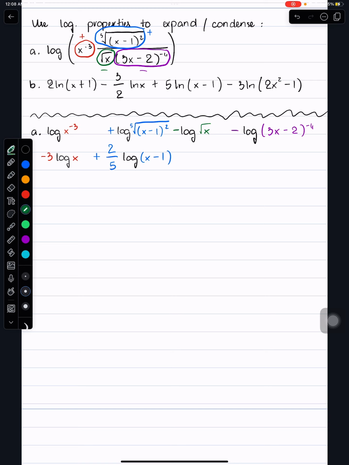Okay. So next one, we also have a root. So for the negative log of square root of x, we also have to think about the inside out thing. One way to think about it is that square root means the root is 2, right? Square is 2. So there would be an invisible 2 on the outside.